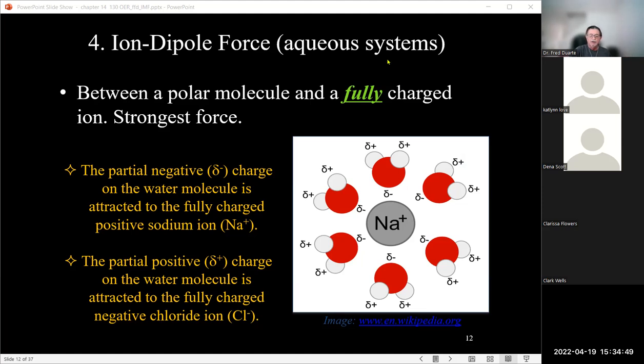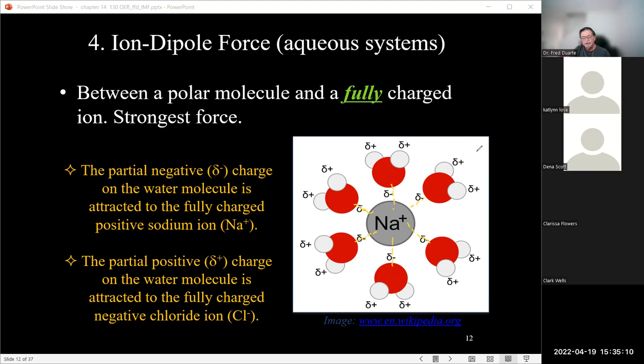And we can see here a depiction of a sodium ion that is being hydrated, if you will, by the water molecules. The full positive of the sodium ion is interacting with the partial negative of the water molecules.